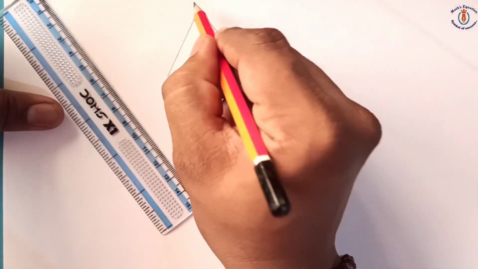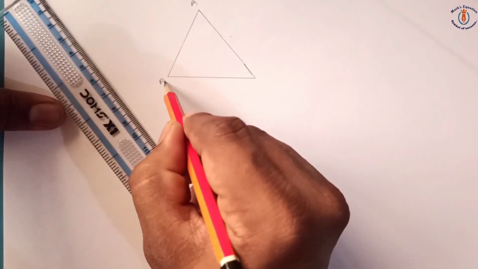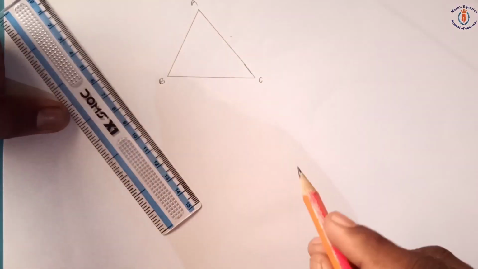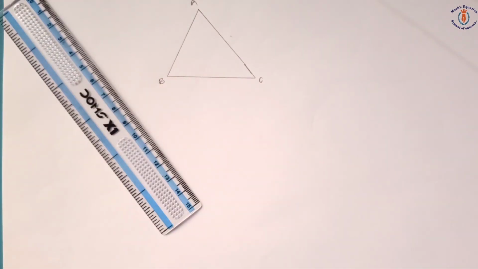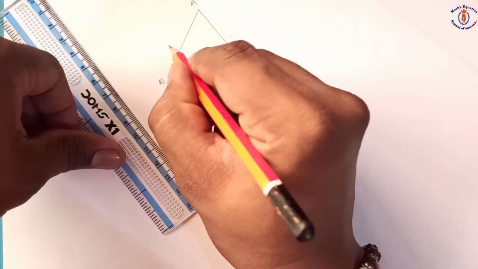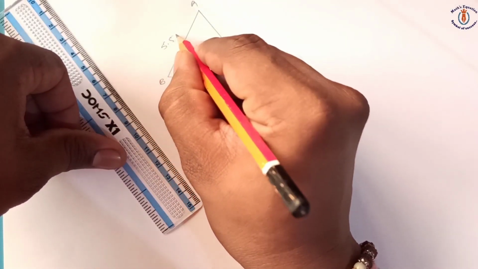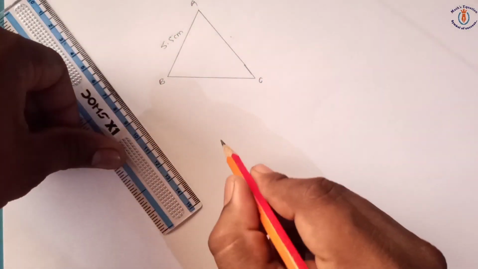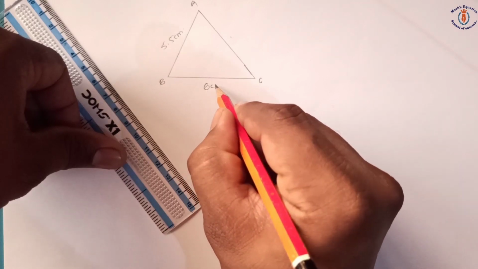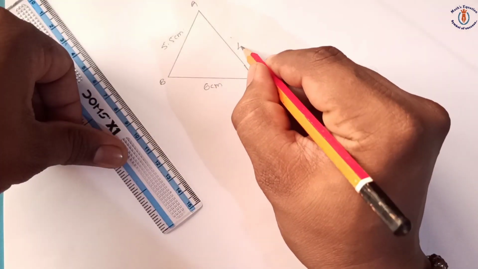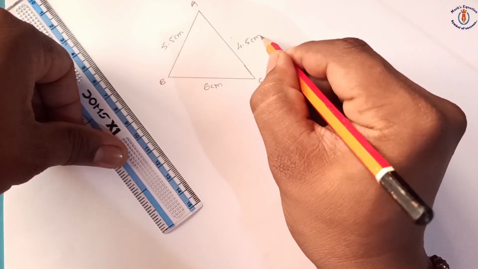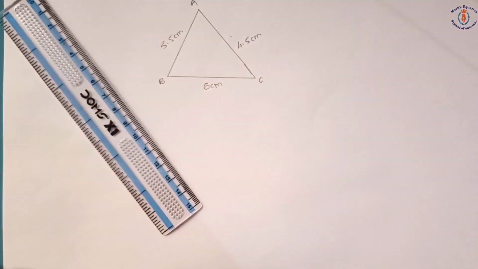In this triangle ABC, three sides are given: AB is equal to 5.5 centimeter, BC is equal to 6 centimeter, and CA, that means AC, is equal to 4.5 centimeter. This triangle is given.